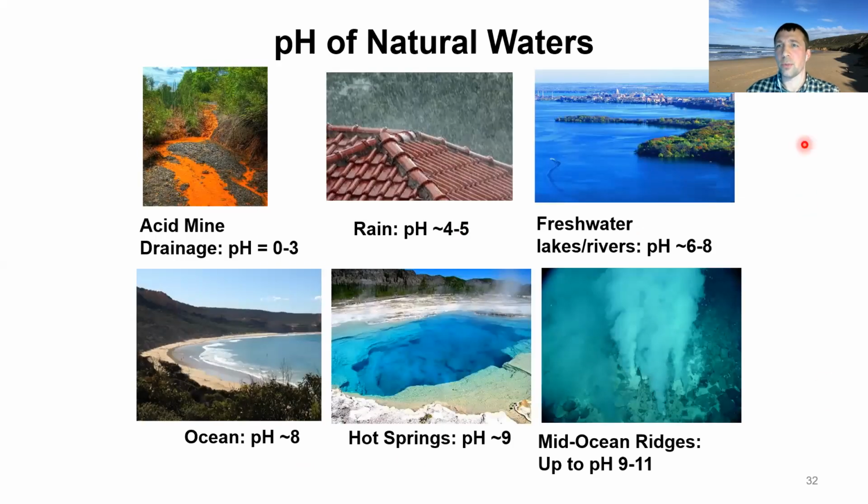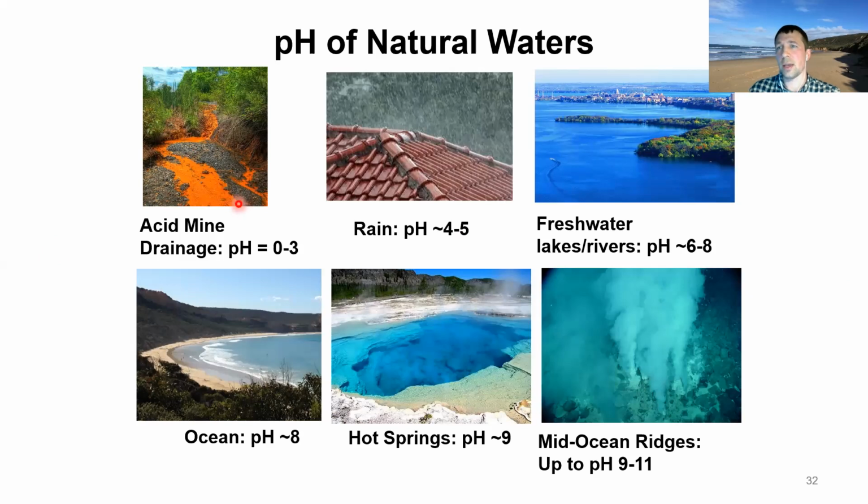Now, the pH of natural waters is also quite variable and can range from 0 to values of about 11. It's very difficult to get high pH values. These often require high temperature rock weathering, such as hydrothermal vents, for example.